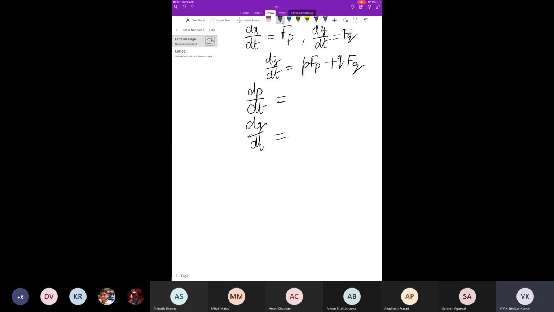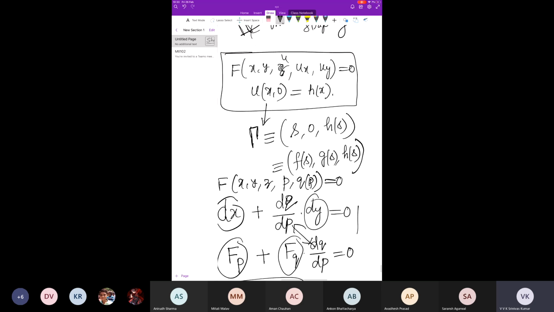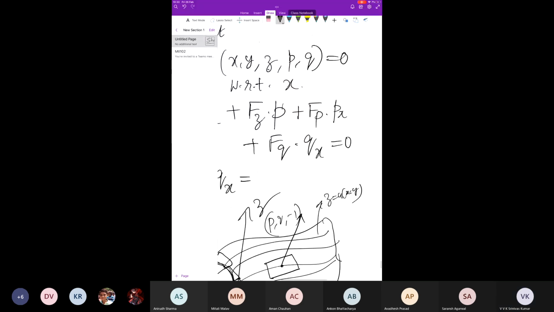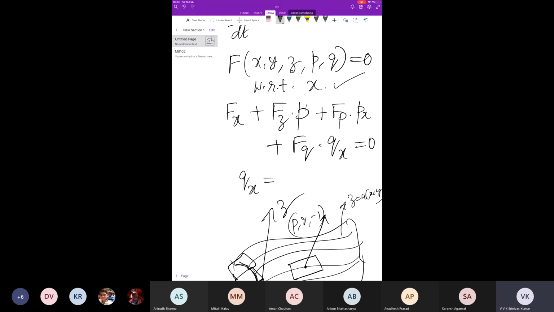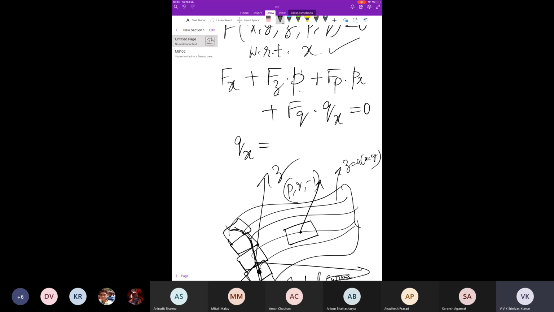Okay. To obtain this, what we did was we differentiated with respect to x. We differentiated the given equation with respect to x. So fx plus fz into p plus fp into px plus fq into qx.